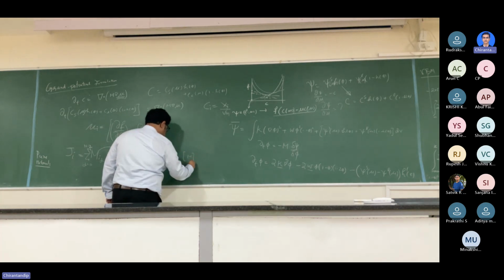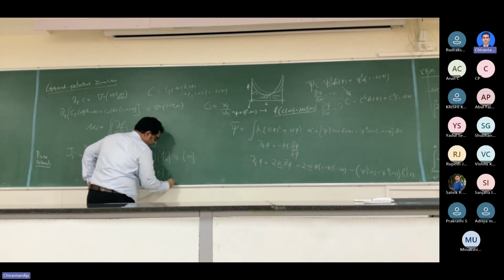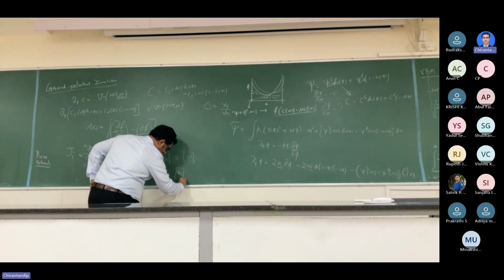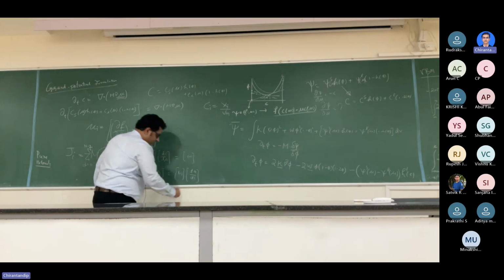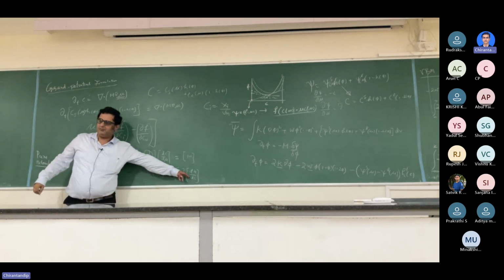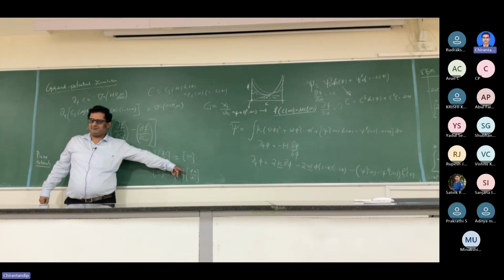Essentially, what you have is this. You can also write it as this, with the mobility times the dV/dc coming over here, but both are interchangeable because this is just the inversion.